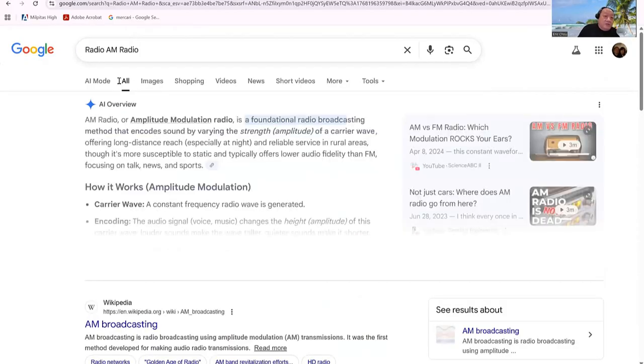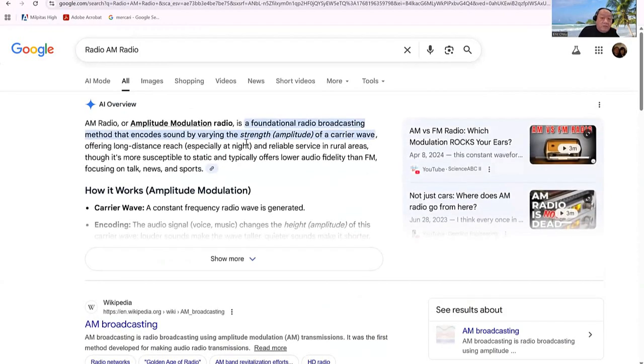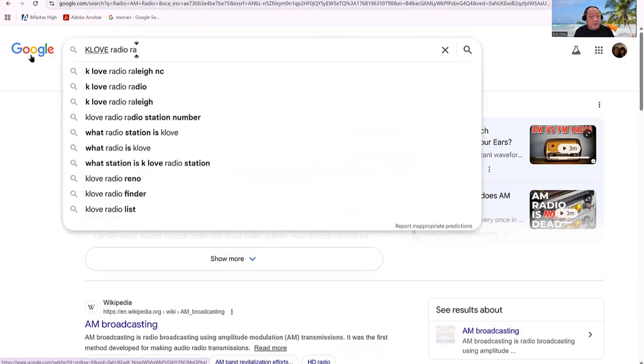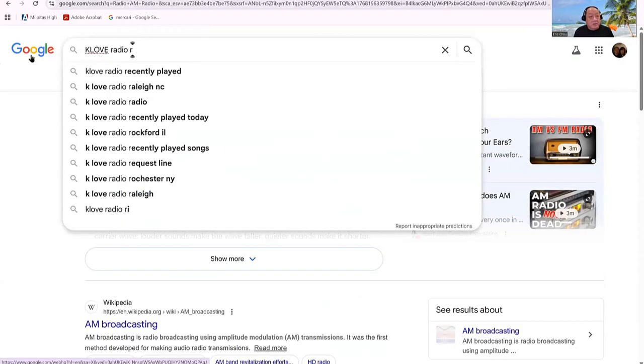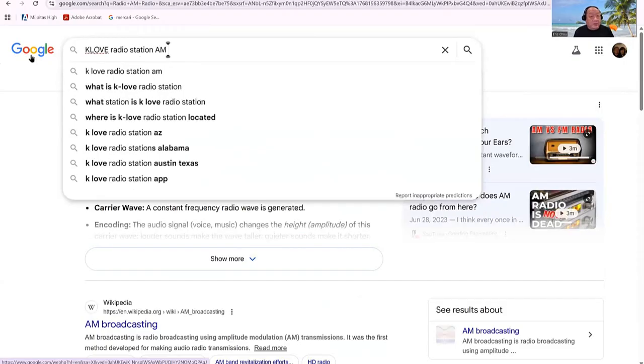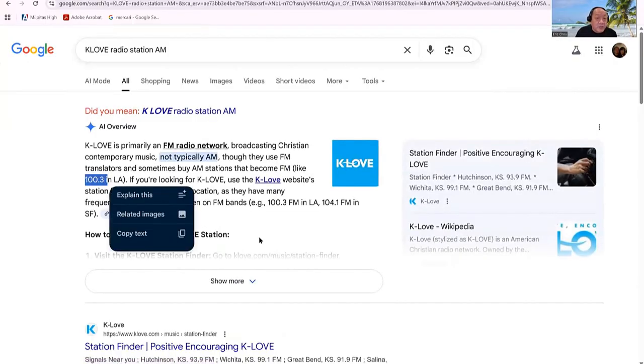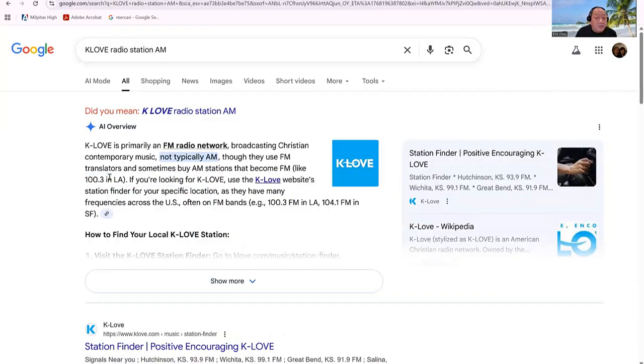Okay. So AM transmits over the kHz. Okay. So let's do K-log radio station. AM. So there's a K-log. It's a religious radio station. It has the AM. So it's AM 100.3 in LA. Okay, 100.3 kHz is used for K-log radio station.